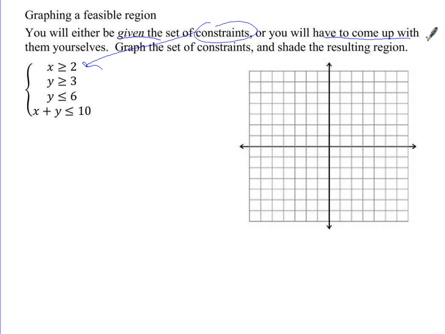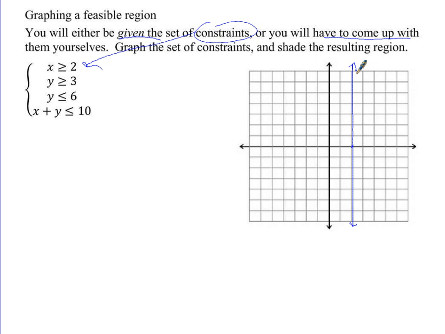We have x is greater than or equal to 2. And if you remember, all year long I've been saying you have to keep straight if that's a horizontal line or a vertical line. Is this horizontal or vertical? This is vertical. And it goes through 2. So that's right here. And that is greater than or equal to. So I'm going to draw a solid line. And greater than values means numbers that are bigger than 2.